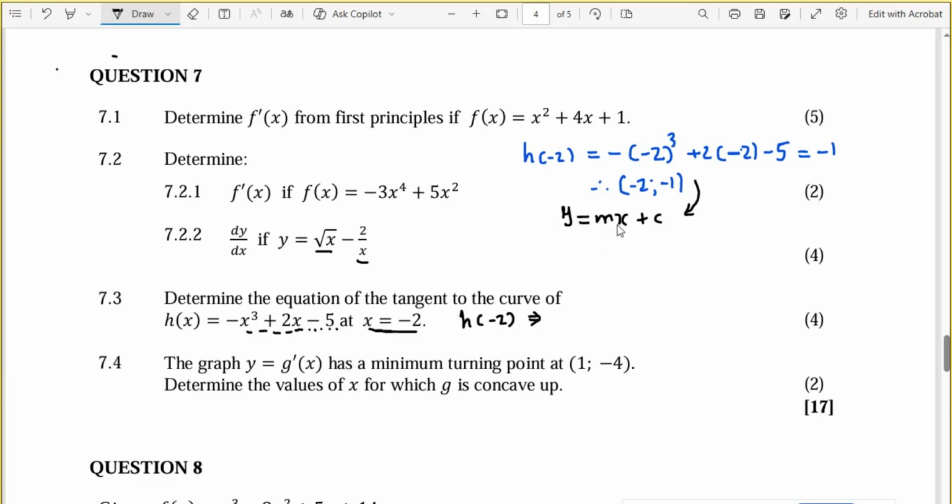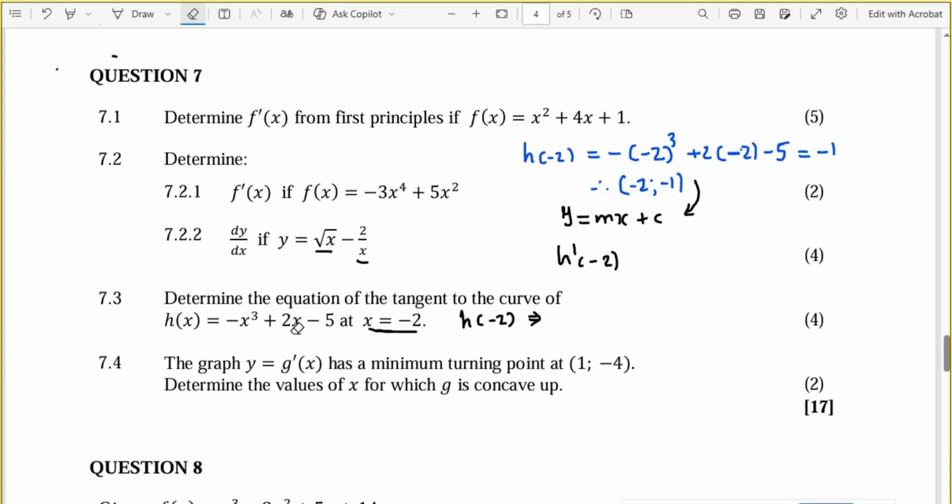But now let's first find the gradient. We know that to find the gradient of a tangent at a point, we find the derivative and then we substitute that x value to find the gradient. Do you understand? So we need to find the derivative of that h.